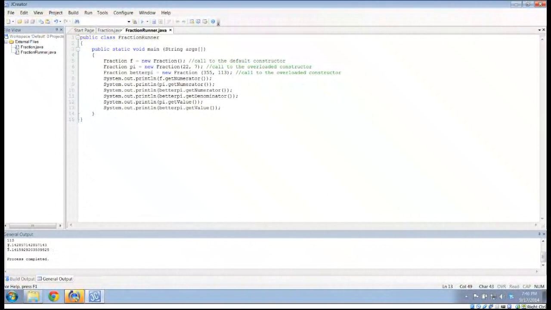This is 22/7. It's 3.142857, and it's a repeating fraction. Here's my better pi, 3.14159229. So it's a really good approximation of pi.